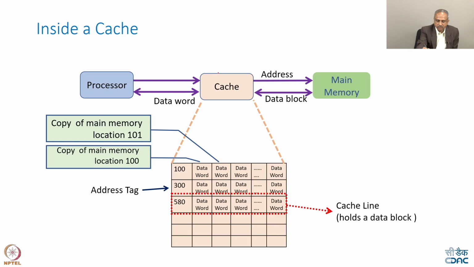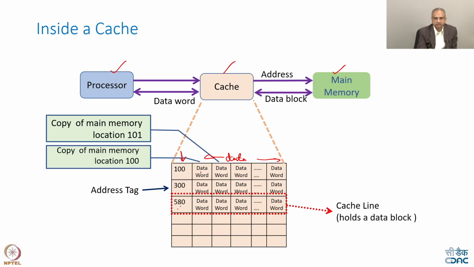This picture shows us how the data is organized in the cache. As I have already indicated, cache is sitting in between the main memory and the processor. This consists of 3 parts, out of which status bits are not shown here. This is the tag and this is the data. Now, this tag indicates that this location is fetched from location 100, this is from 101, 102 and so on.